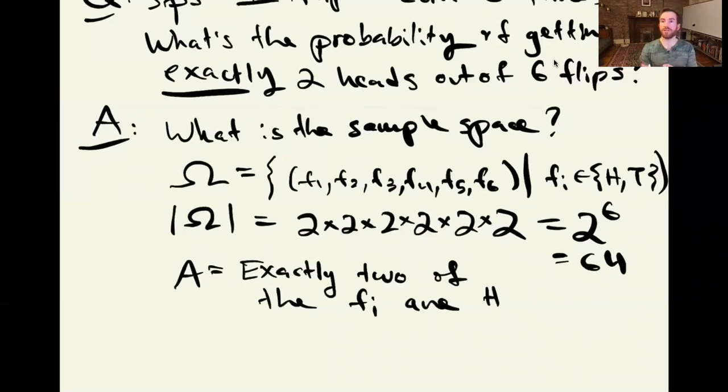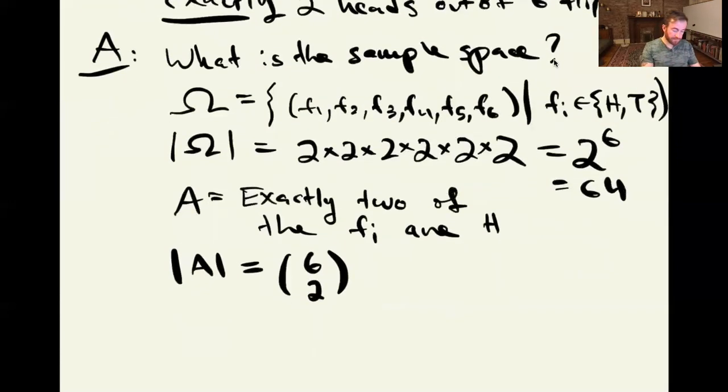So what that amounts to is choosing 2 of the positions in my 6 to be heads. So how do I calculate the size of A? Well, I have 6 possible flip numbers to choose to be my heads, and I need to choose 2 of them to be the ones that are heads.